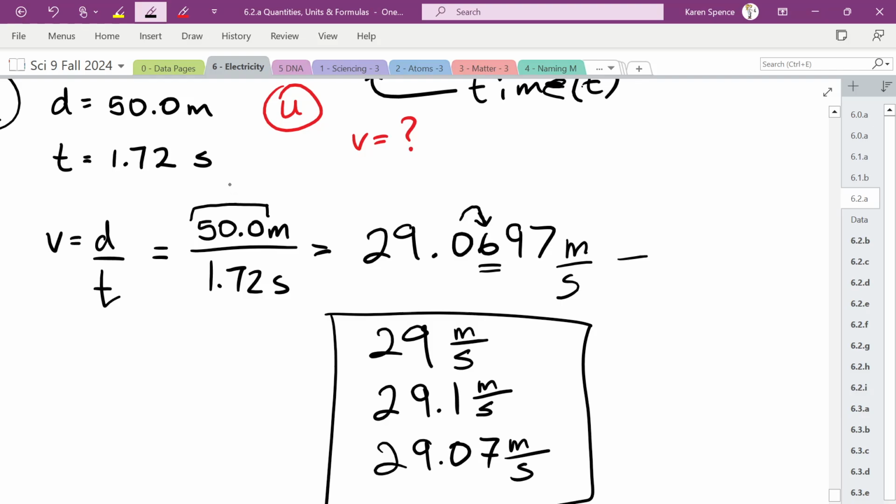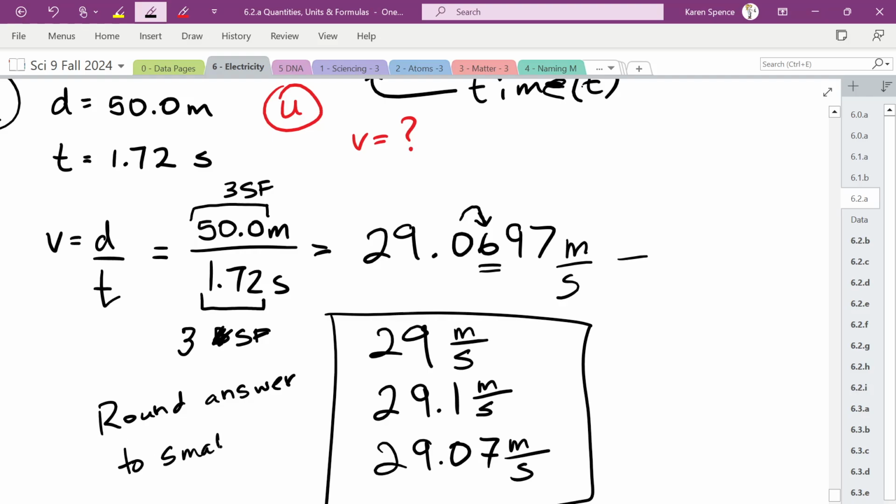If you're doing enriched, you say I have 3 sig figs here, and I have 3 sig figs here. And then you round the answer to the smallest number of sig figs in the question. In this case, 3 is the same as 3, so there's no smaller number.